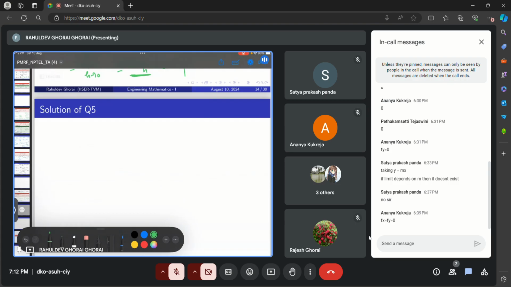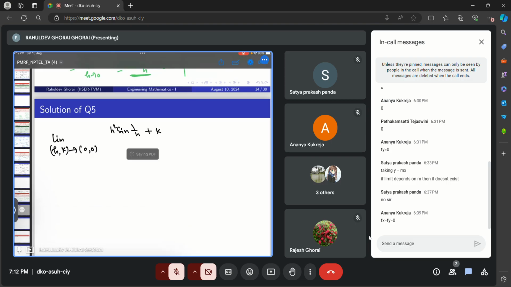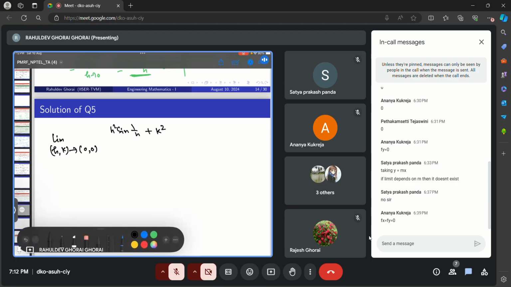So the question now became to find the limit as (h,k) tending to (0,0) of h square sine 1 by h plus k square cos 1 by k over square root of h square plus k square.